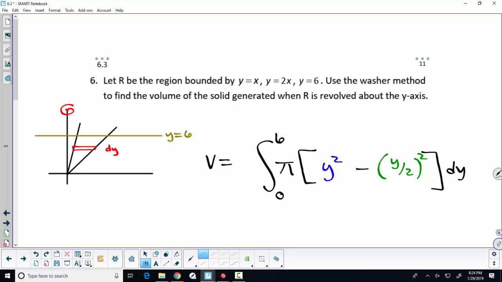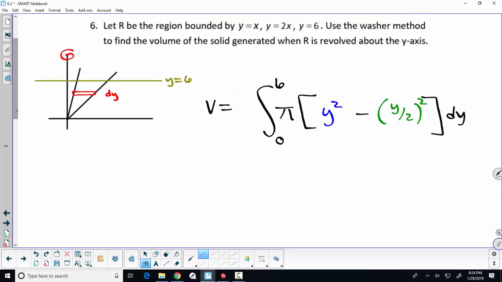Okay. So here, since our rectangles are perpendicular to the axis of revolution, which is the y-axis, we've got everything in terms of y, because our rectangles have thickness in the y direction. So we have this weird little triangle revolved around the y-axis.